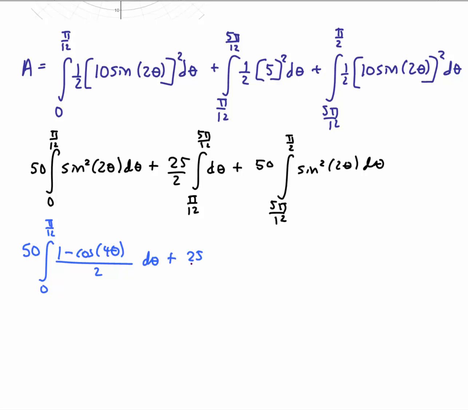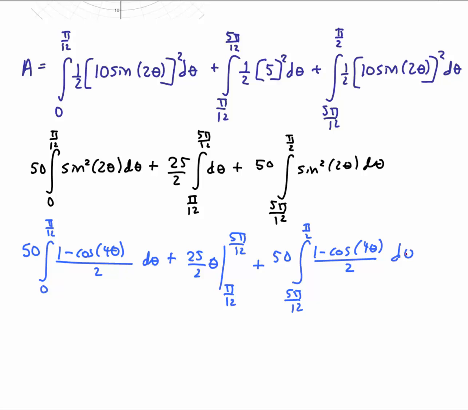This is going to be 25 halves theta. I have a lot going on here, a lot to keep track of. This is going to be 50, the integral from 5 pi over 12 to pi over 2 of sine squared of 2 theta. I can't integrate that until I rewrite it with a half angle identity: 1 minus cosine of 4 theta, all over 2, d theta.